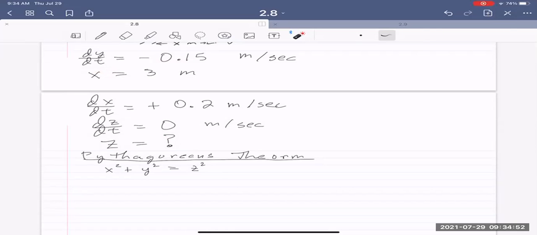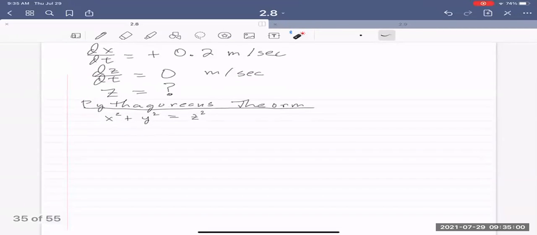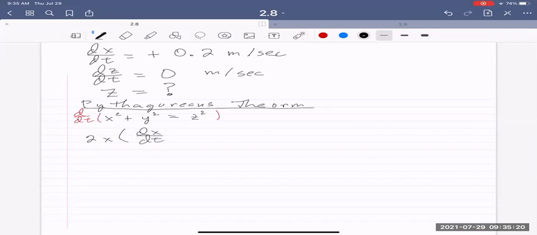Okay, so let's do this. Let's differentiate both sides of my equation. So I have that 2x dx/dt plus 2y dy/dt is equal to 2z dz/dt.